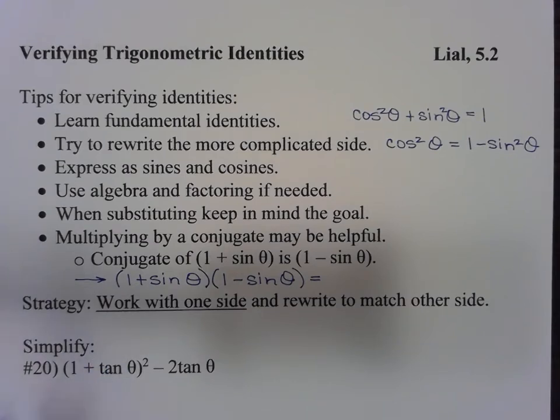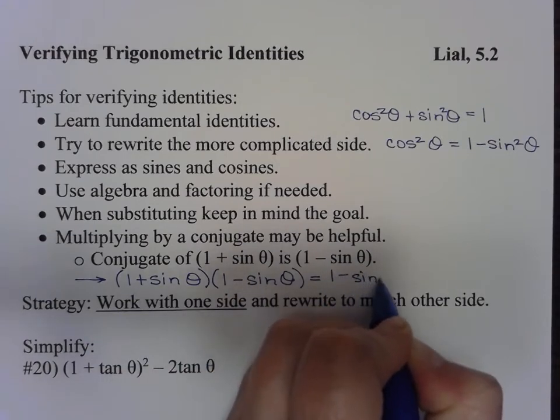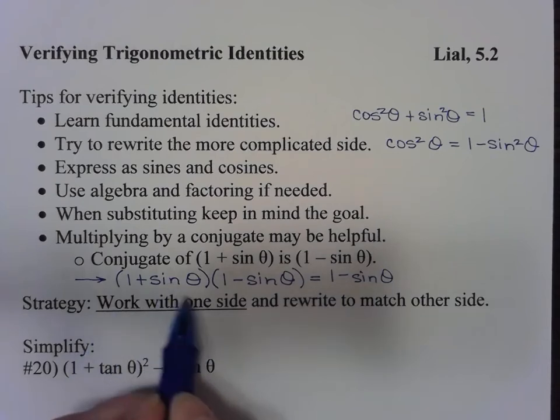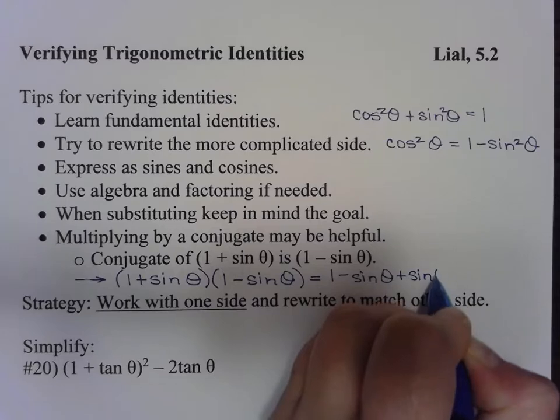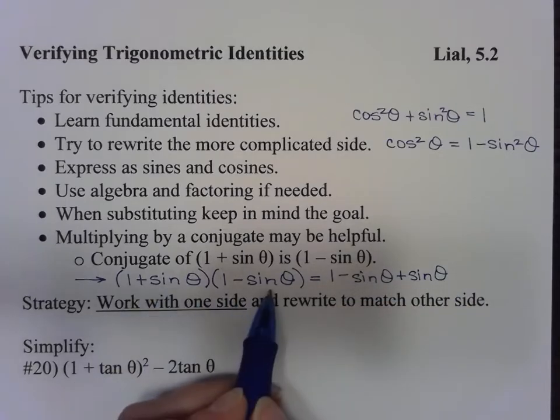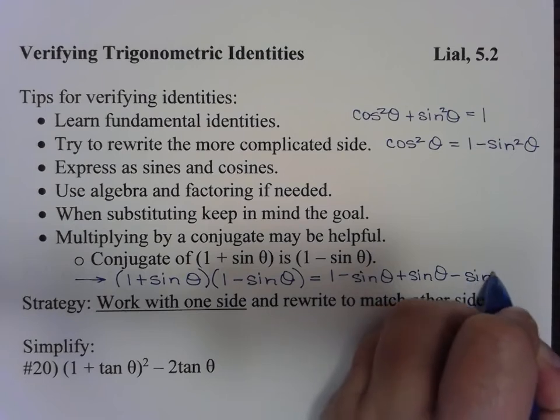All right, so if we FOIL these together, we'll have 1. On the outside, we'll have minus sine theta. On the inside, we'll have plus sine of theta. And then the last times the last will give us a minus sine squared theta.